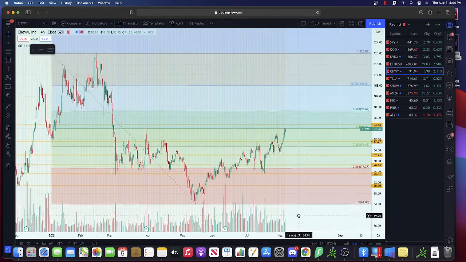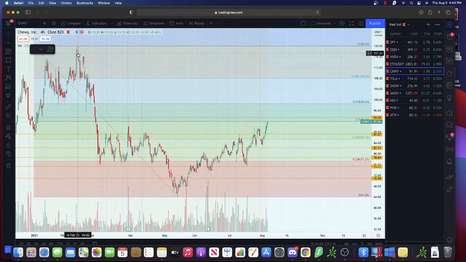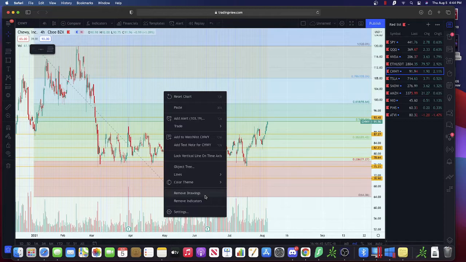So right here I can see the potential for where it could go based on where it has been is around $120. But before it can get to $120, it likely needs to achieve this, needs to achieve this, and then needs to achieve this. I hope this answers some of your questions.